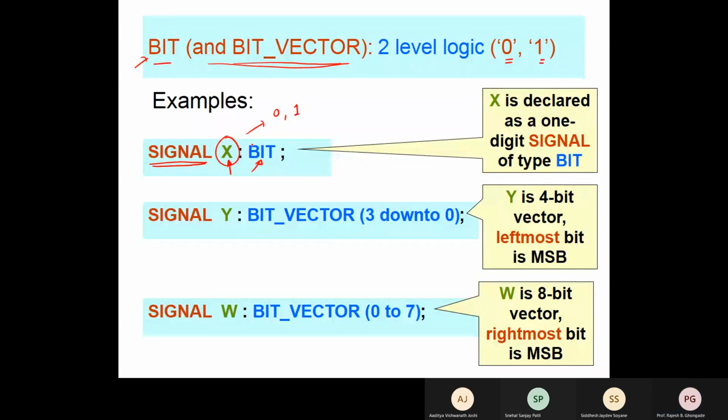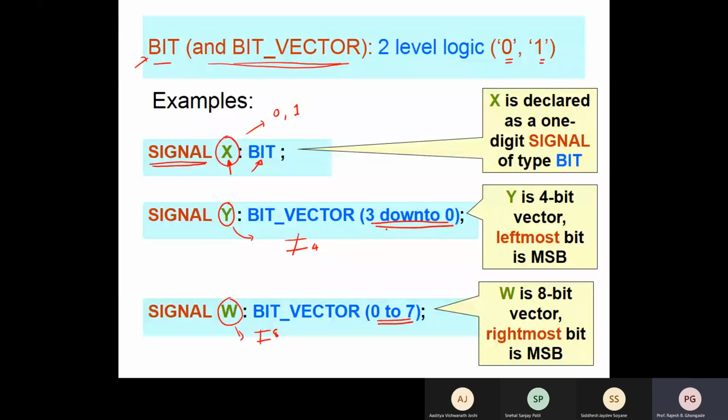Similarly, a bus. So this is a 4-bit bus. This is another 8-bit bus. Now you see, there are two ways in which you can declare the vectors.